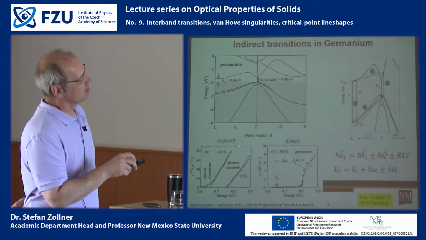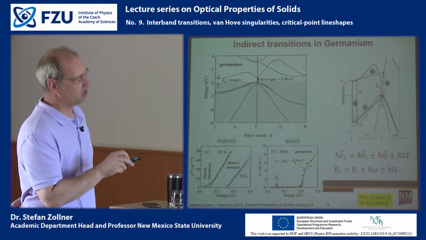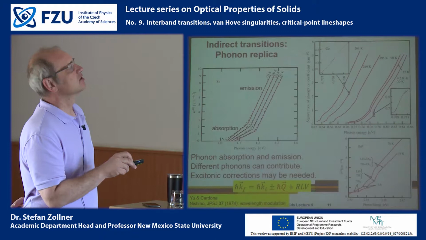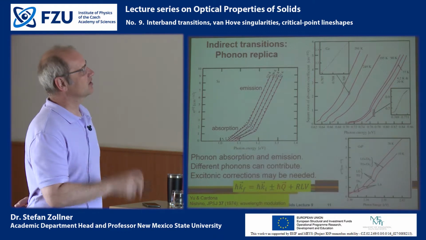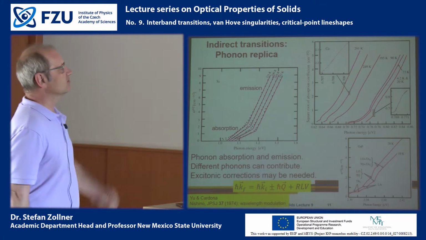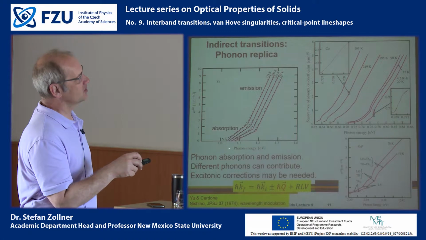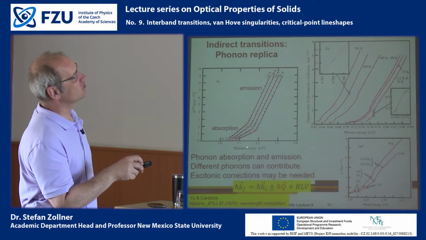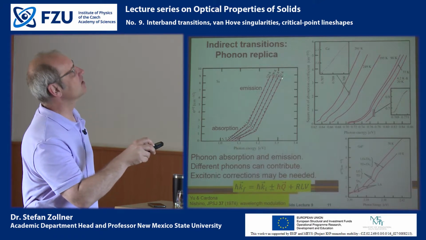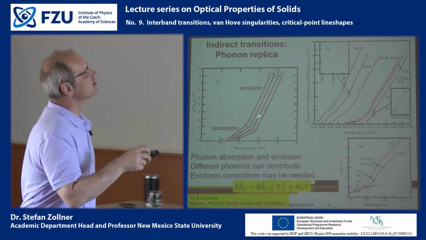So this picture here does not have a very high resolution, the indirect transitions in germanium. This figure is from Yu and Cardona, where the square root of the absorption coefficient is plotted versus photon energy with better resolution, and you clearly see you come down at, what is it, 195 Kelvin.